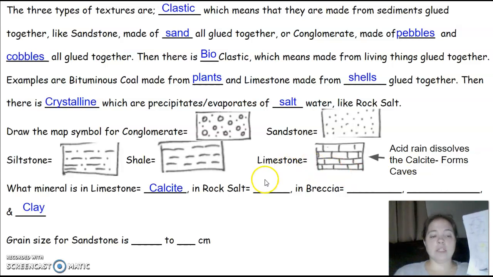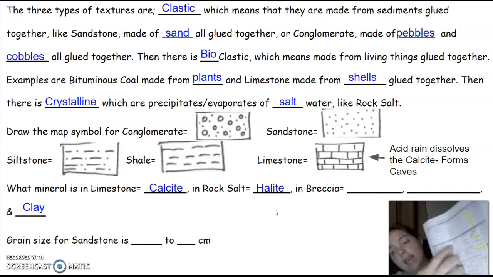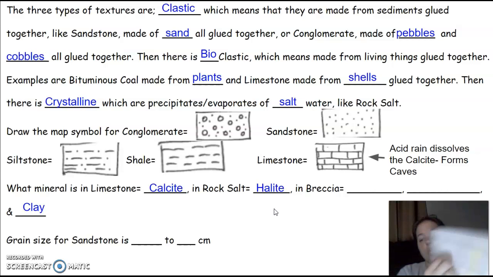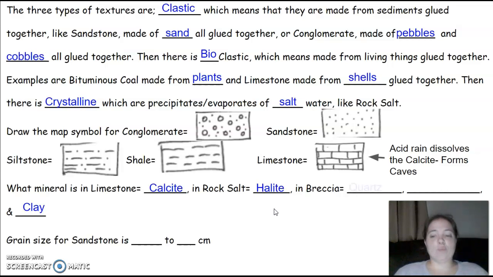All right. So what mineral is in rock salt? Well, that's halite. And again, you can find that where it says halite right here, over rock salt. In breccia, you go up to the top and look over into the section that I said you're usually not asked about. Breccia is made of quartz, feldspar, and clay.